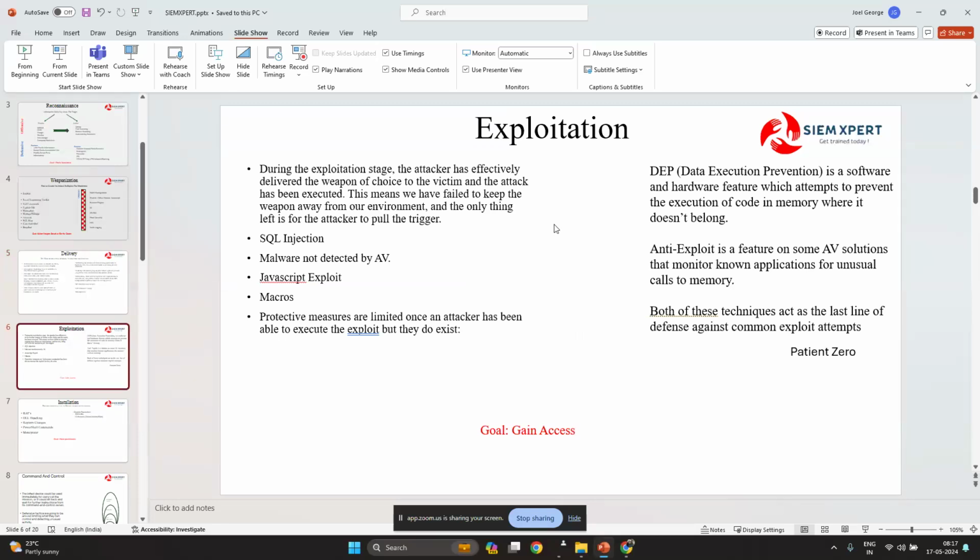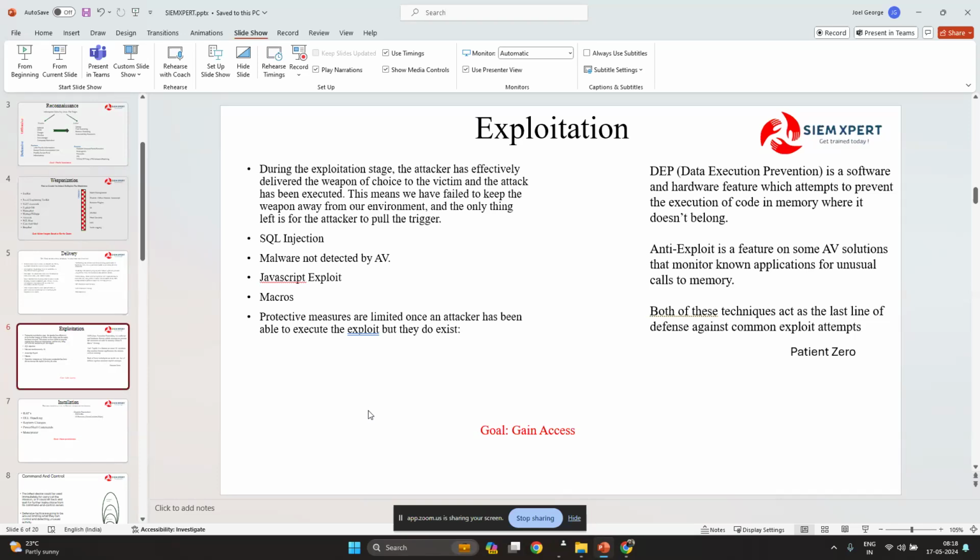Over here, considering the weapon has been successfully delivered, exploitation would happen based on what kind of payload the attacker has created. It could be malware, or it could be macros, or JavaScript code. Based on that, an attacker can try to gain access to the environment.